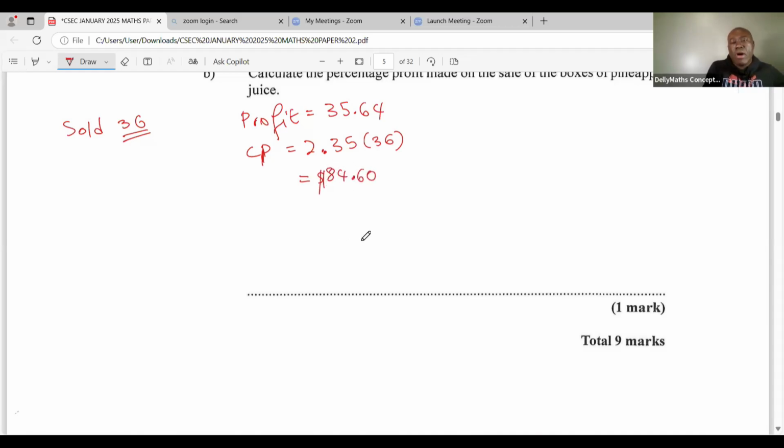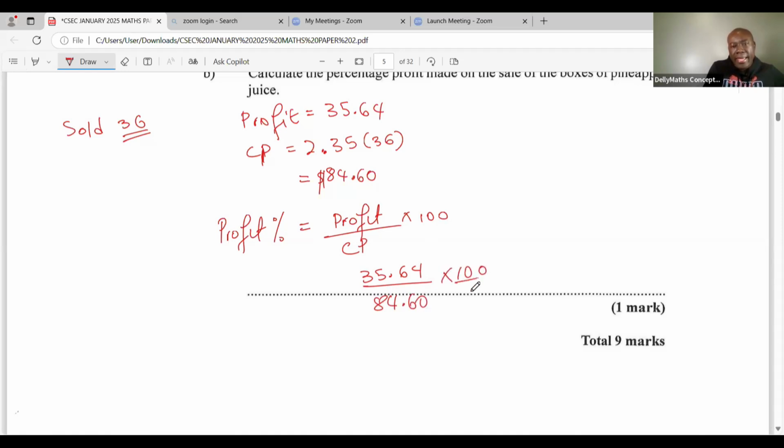I'm able to work out my profit as a percentage now because percentage profit, or you could say profit percent, is equal to putting your profit over your costs and times it by 100. My profit is 35.64. They gave me that. Over 84.60. I came up with this, times 100, and that should take us out.